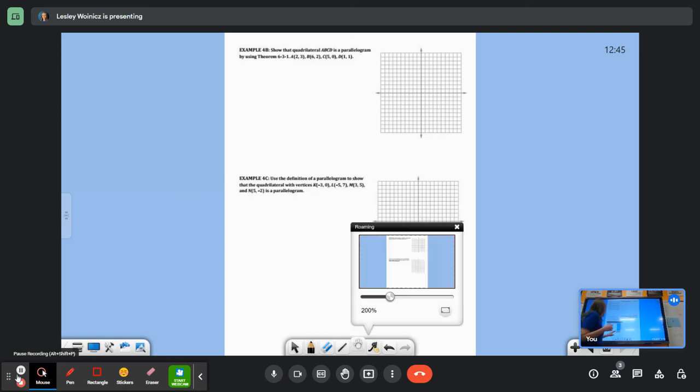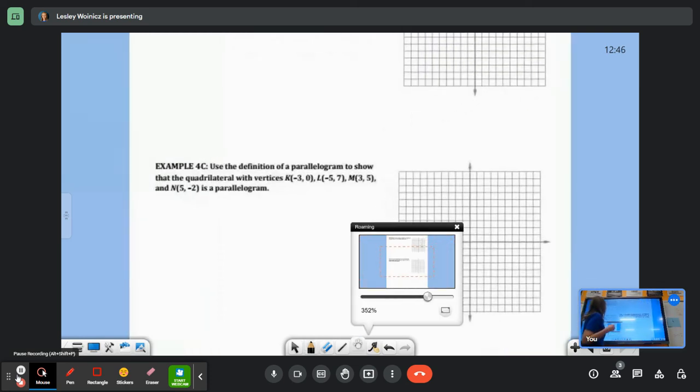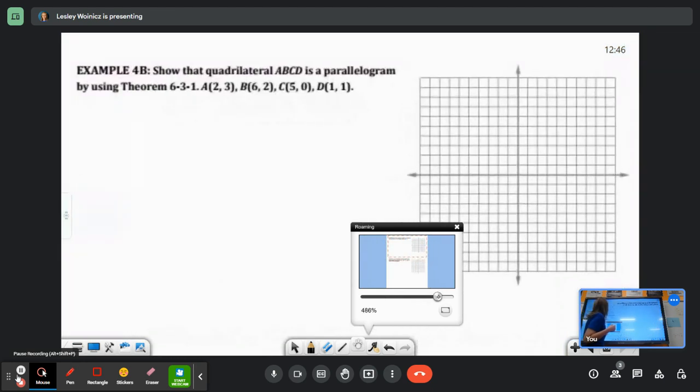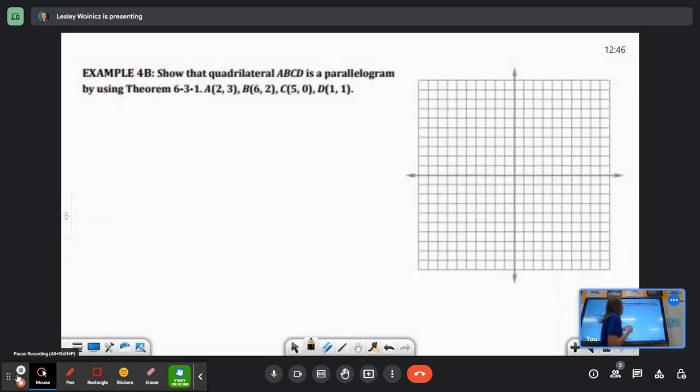So, theorem. Okay, this theorem 6.3.1 is the one that says one pair of opposite sides is congruent and parallel.